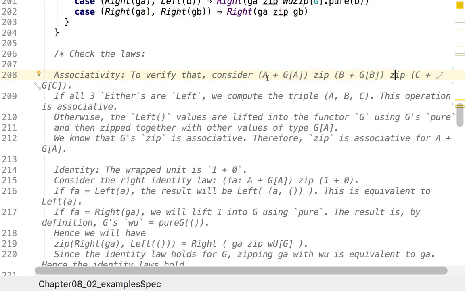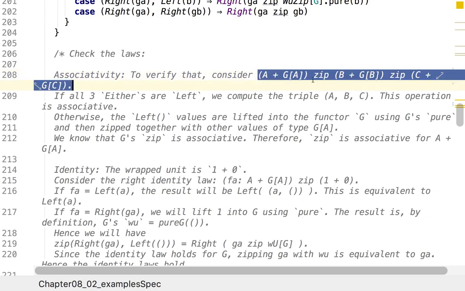But try to define zip in such a way that it is manifestly independent of the way that you put parentheses. So try to reformulate how the zip is defined so that we can somehow define this operation directly for 3 elements rather than defining it only for 2.